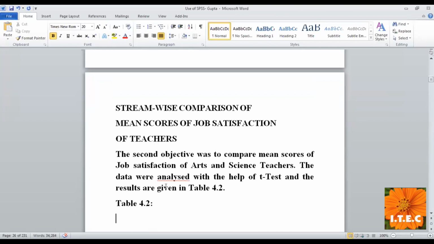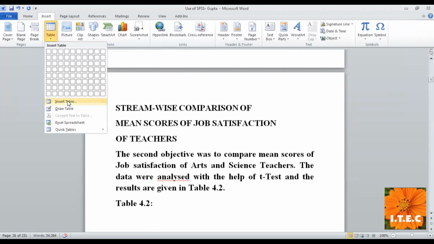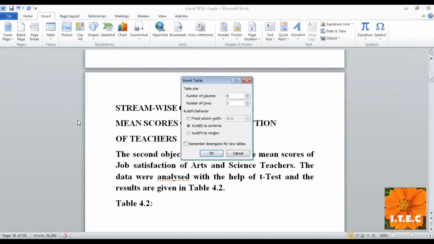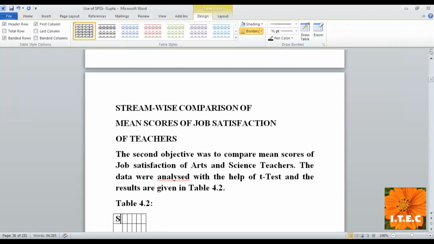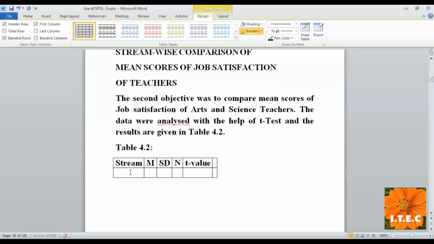Now here I insert the table. Now here is a stream. This will be mean. This is SD. This is N. This is T value. Now here I say arts, then science.